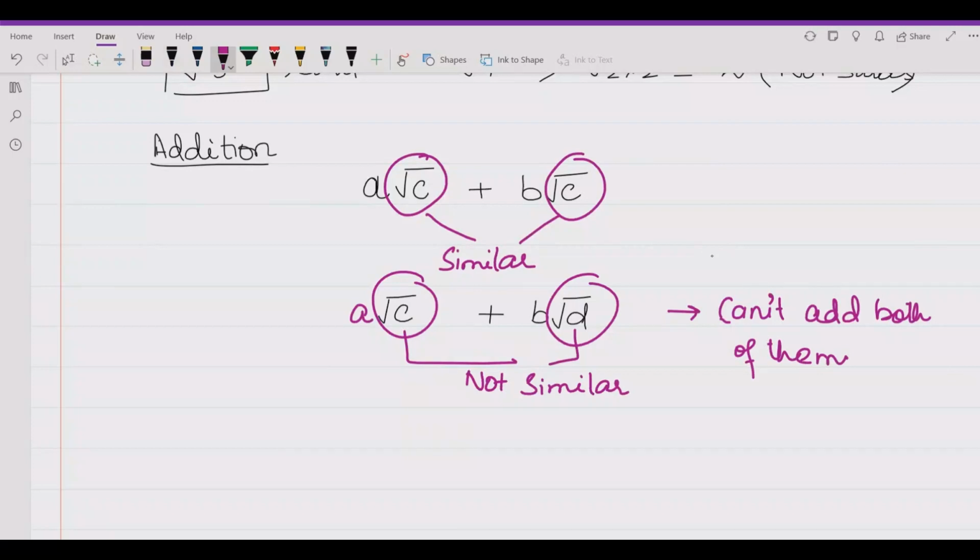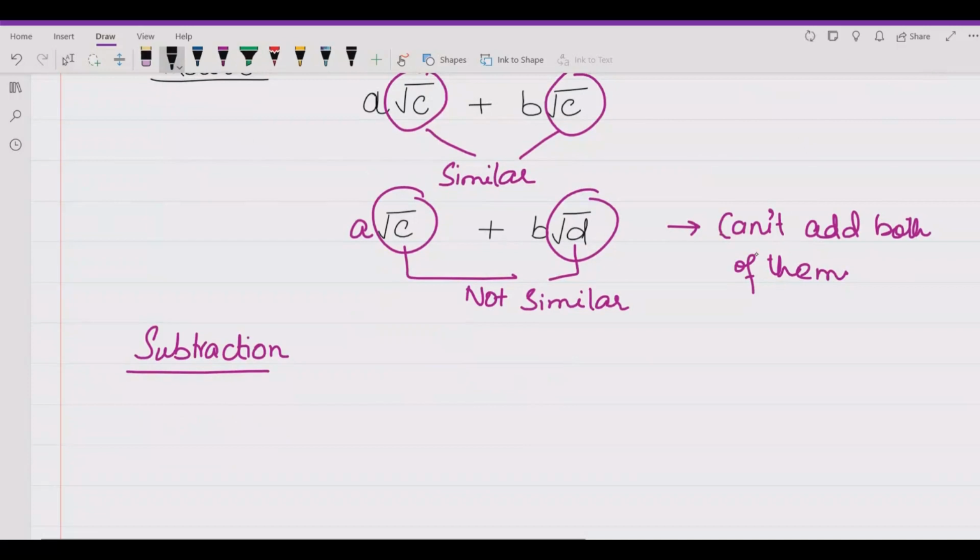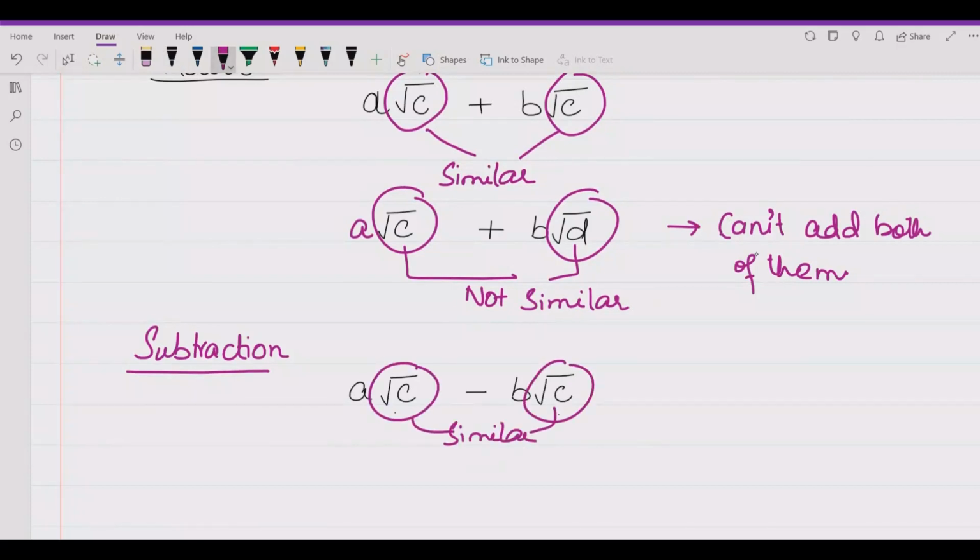And if we talk about subtraction, in subtraction we have a method similar to addition. If we have terms like this, both are similar surds, so we can subtract both of them.